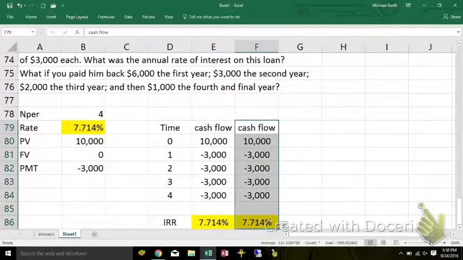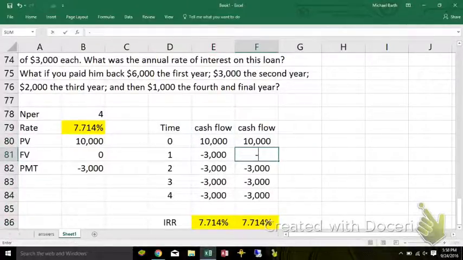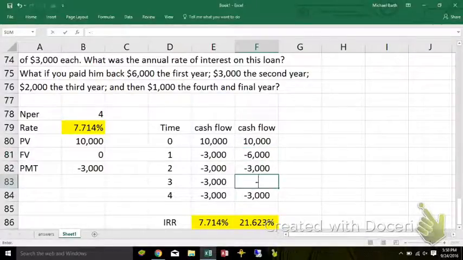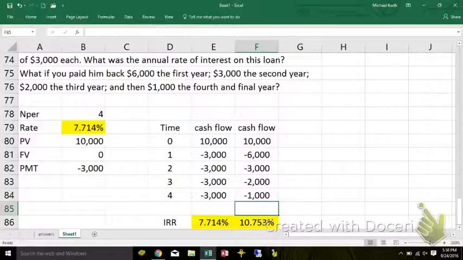So if the cash flows were negative 6,000, 3,000, negative 2,000, and 1,000, you'd actually be paying him back at a rate of 10.75% rather than 7.71%.